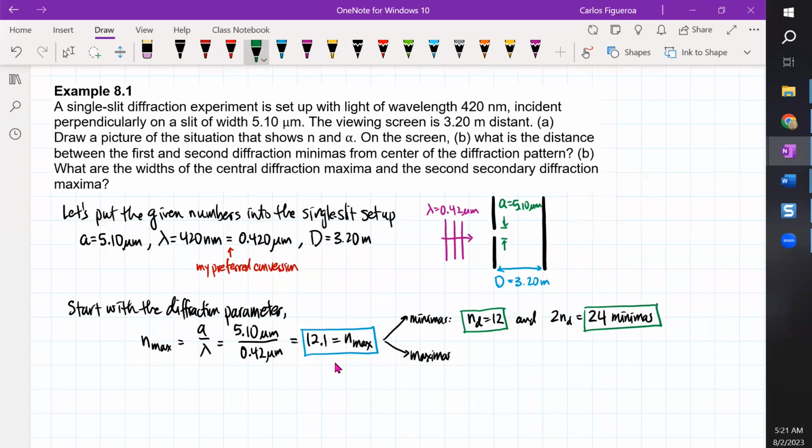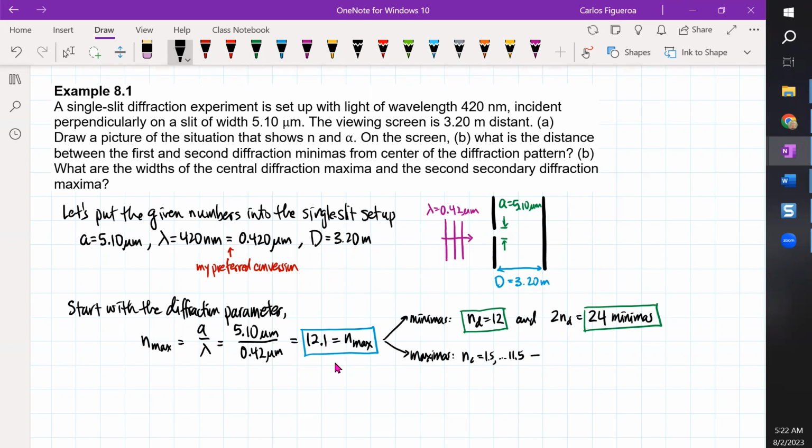Now, if I look at my maximas, I have to look at the odd half values. In other words, if I look at NC, we see that NC should go 1.5, and the number that does not exceed 12.1 would then be 11.5.